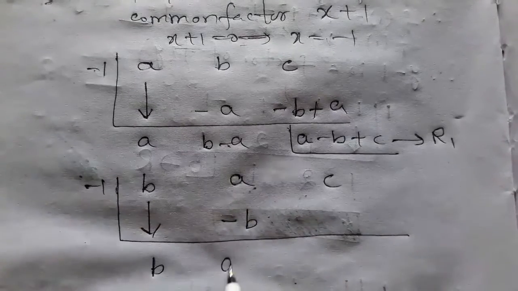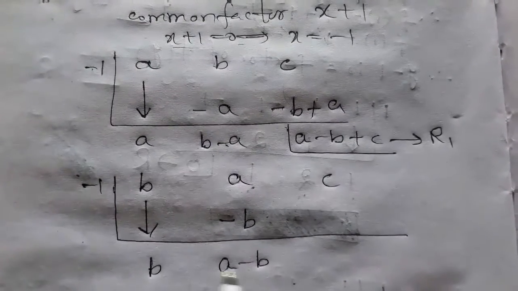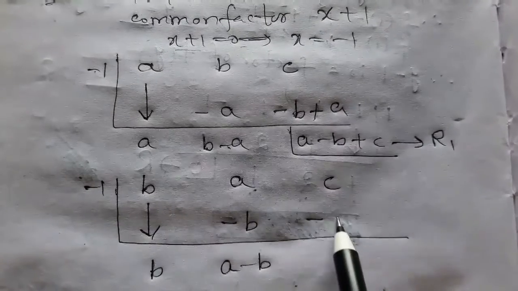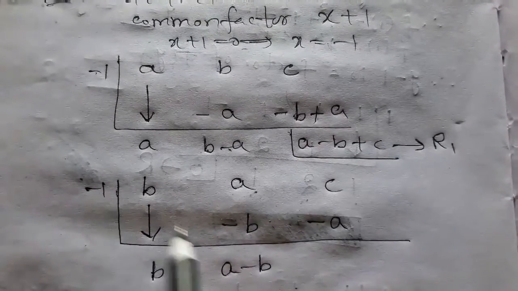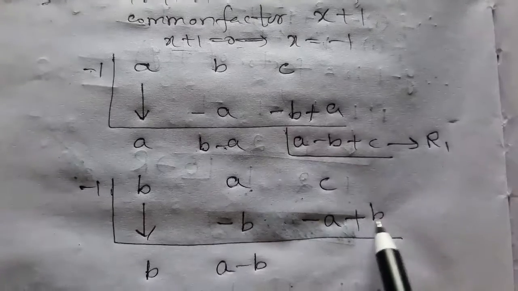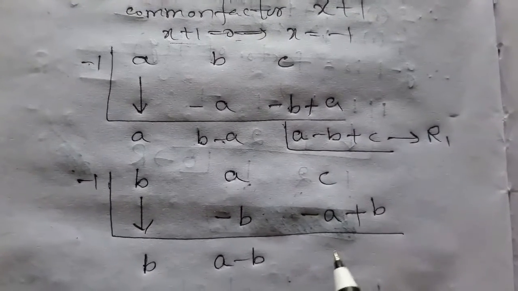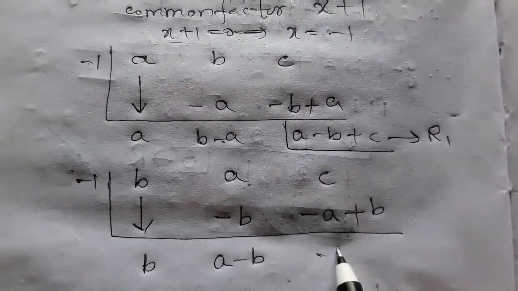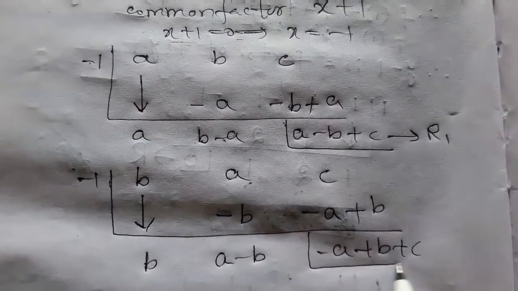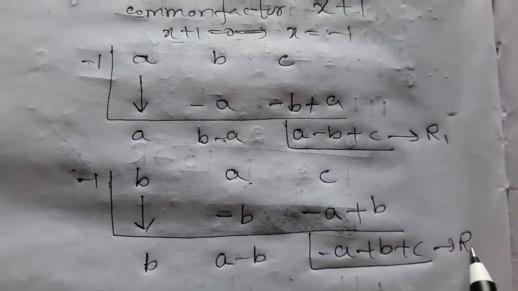Add these two, that means a minus b. Now minus into plus became minus, 1 into a became a. Minus into minus became plus, 1 into b became b. Now add these, that means minus a plus b plus c. This is the remainder R2.